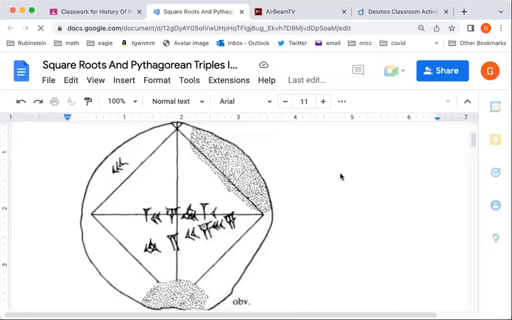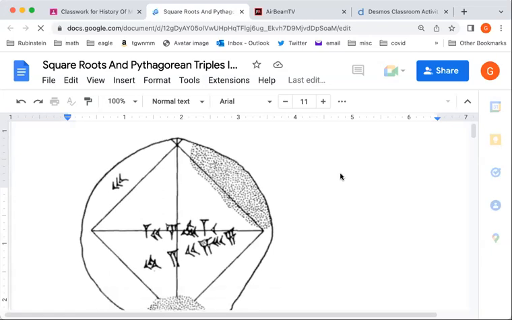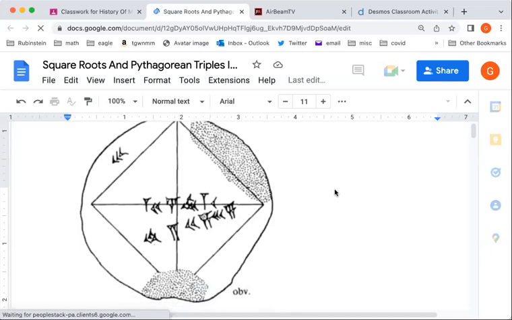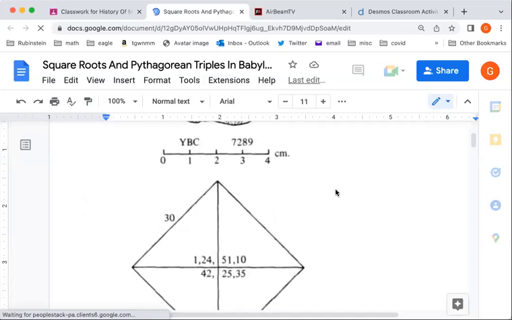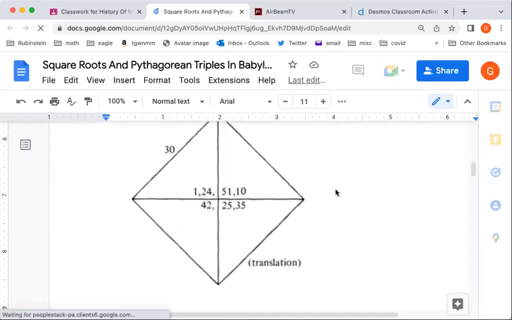There it is. So YBC 7289 is this round one with a diamond in the middle. Here's a translation of it. It has these cuneiform numbers, which are difficult to read, but here they are translated.